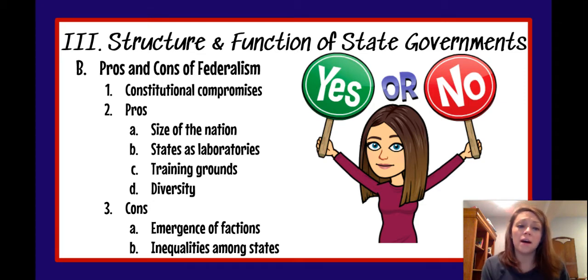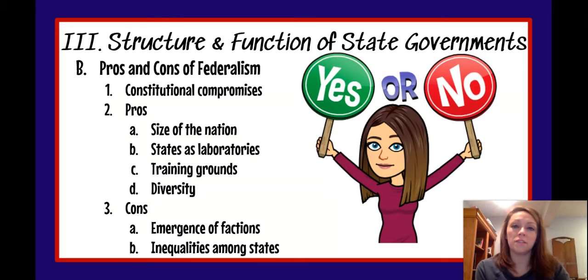Training grounds. A lot of times we see governors and other elected officials at the state level pursue federal, national positions. So it's a way for them to get their feet wet when it comes to learning how to govern. Sometimes that can be a good thing for our federal system.